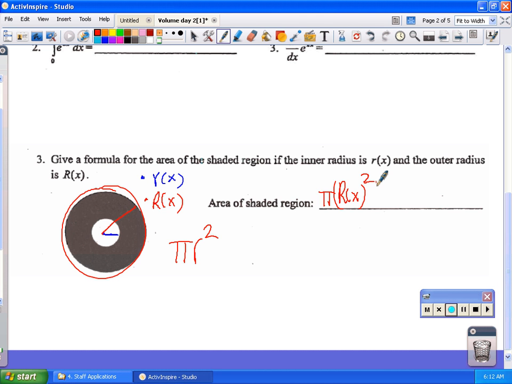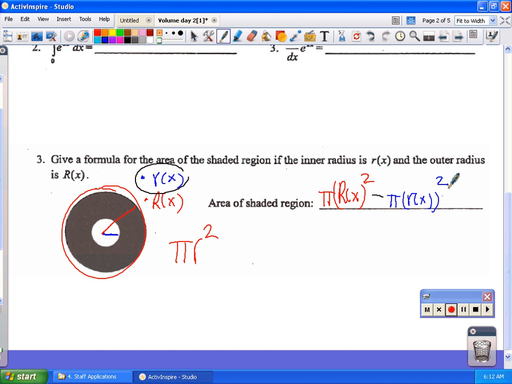Then we're going to subtract the small circle, which has a blue radius, so we have pi little r of x squared, and that would leave me the area of the shaded region. And that's basically the principle that we're going to use to find the volume of a solid that has a hole in it.